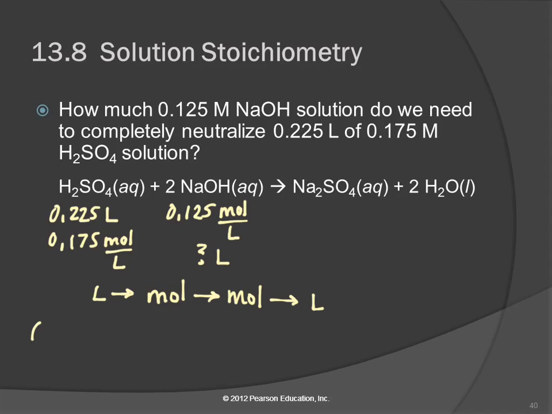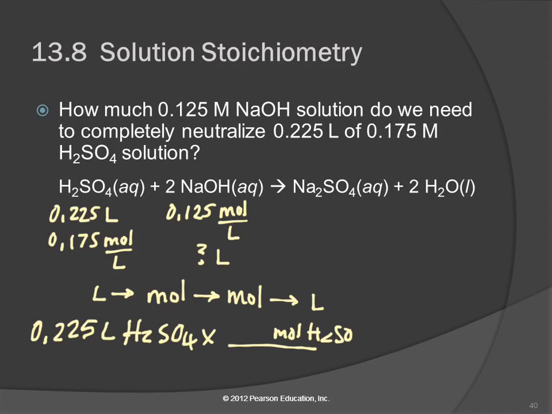So 0.225 liters of sulfuric acid, and I'm going to multiply by moles. Gets a little tedious sometimes writing in all these formulas. And you feel like, I'm going to run out of room. Yeah, I might run out of room.